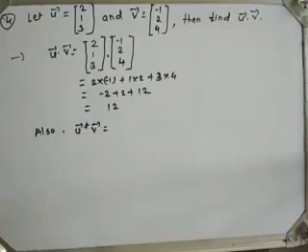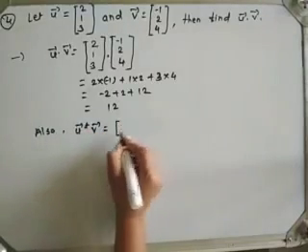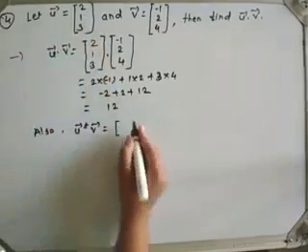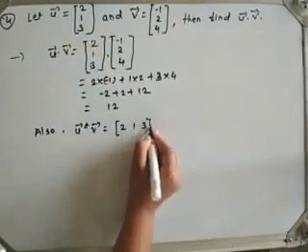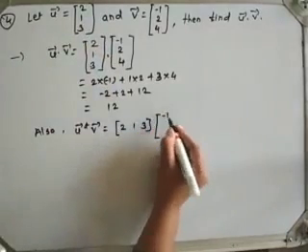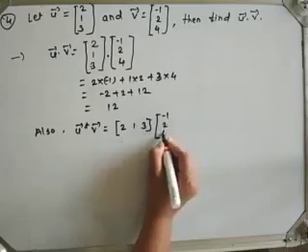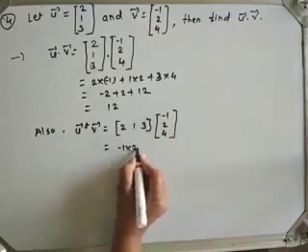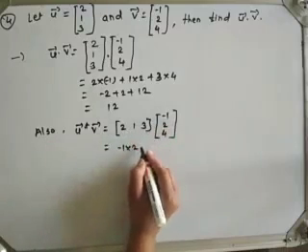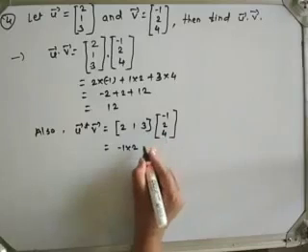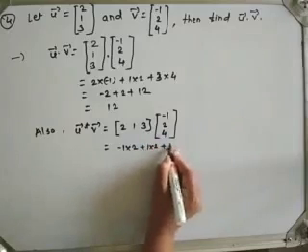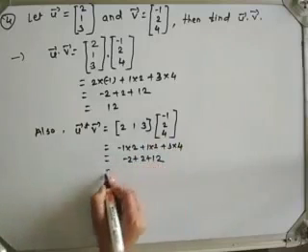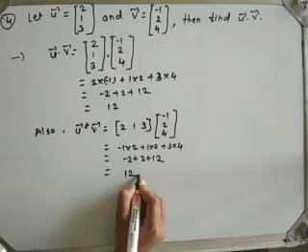What is u bar transpose? Transpose means interchanging rows into columns and columns into rows. Therefore, u bar transpose is 2, 1, 3 into v bar. V bar is the matrix -1, 2, 4, so multiplying corresponding entries and adding them, -1 into 2 plus 1 into 2 plus 3 into 4, which is equal to -2 plus 2 plus 12, which is equal to 12.